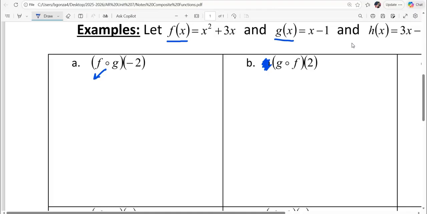I split it, like we've talked about before, into f of -2, composition, the little o, and then g of, once again, -2. So you always split it.